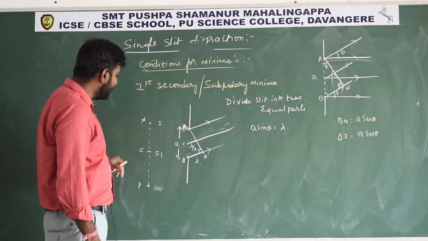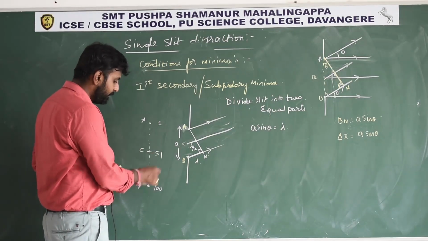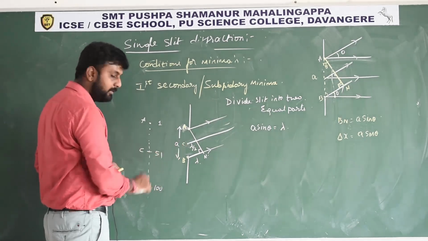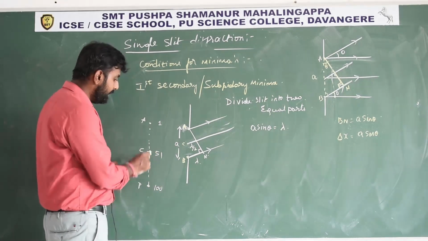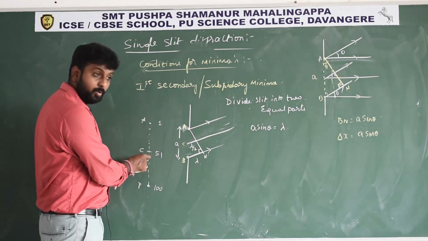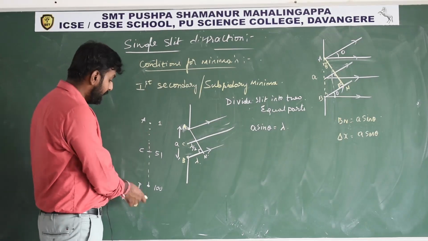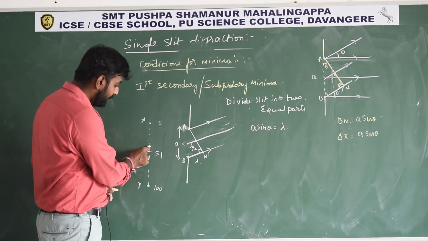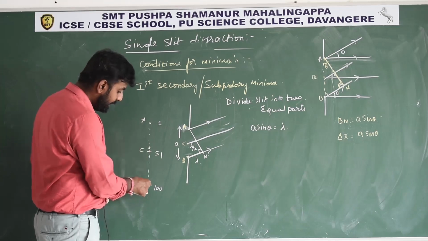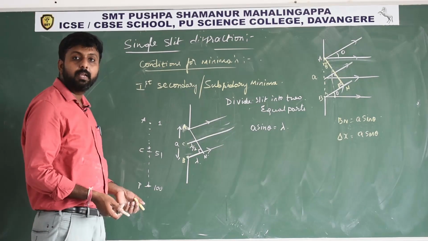Then you can see the path difference between 1 and 51 is lambda by 2. Similarly, 2 and 52 path difference is also lambda by 2. Like that, 50 and 100 path difference is also lambda by 2.